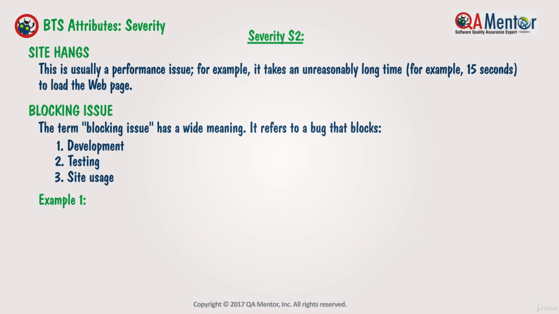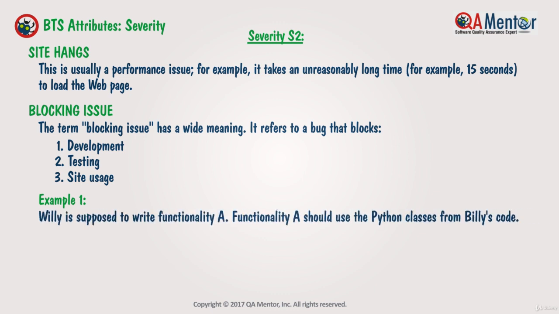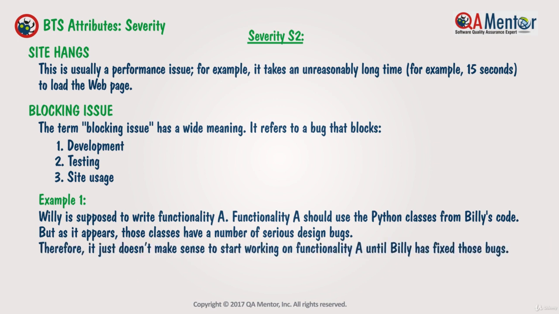Example 1. Willie is supposed to write functionality A. Functionality A should use the Python classes from Billy's code. But as it appears, those classes have a number of serious design bugs. Therefore, it doesn't make sense to start working on functionality A until Billy has fixed those bugs. So Willie is blocked from coding.